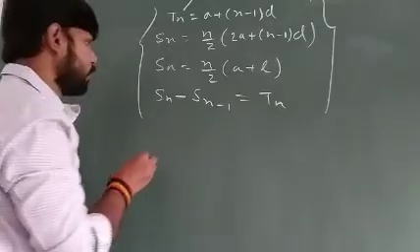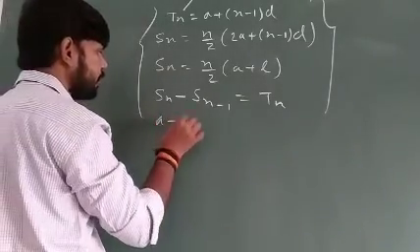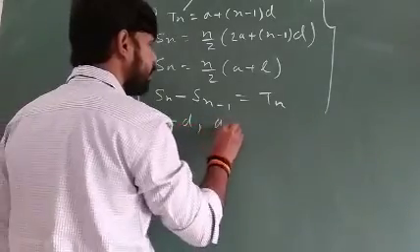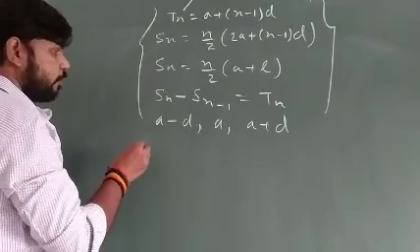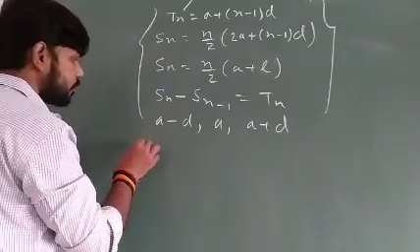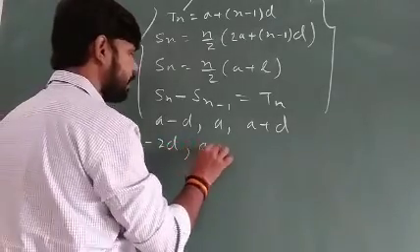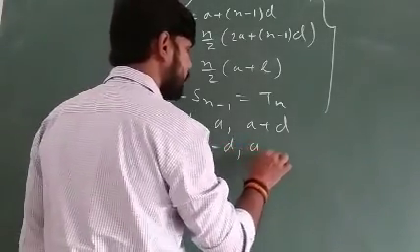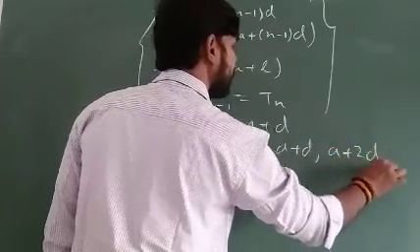And if we have to assume three numbers in the AP, then what will we assume? We will assume a minus d, a and a plus d. If you have to assume five numbers, then you will assume a minus 2d, a minus d, a, a plus d and a plus 2d.